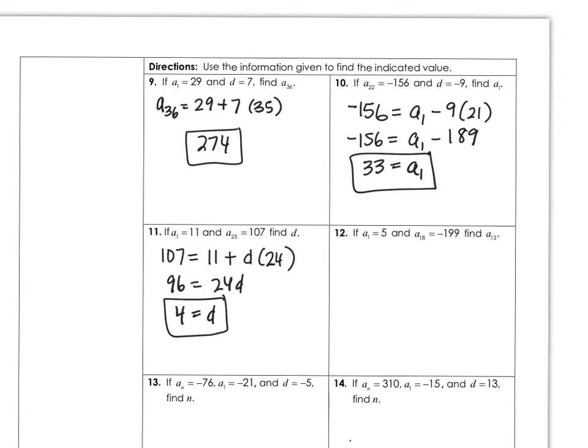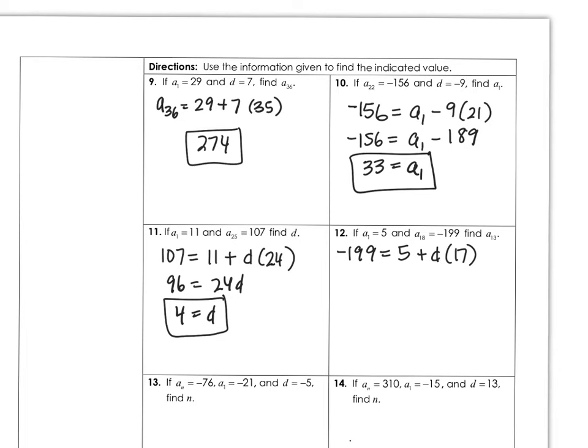Okay, so number 12, first term is 5, 18th term is negative 199. We want the 13th term. Ooh, okay, let's see. I know the 18th term, which is negative 199, would be equal to the first term, which is 5, plus my D 17 times.